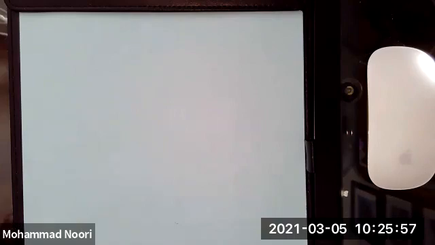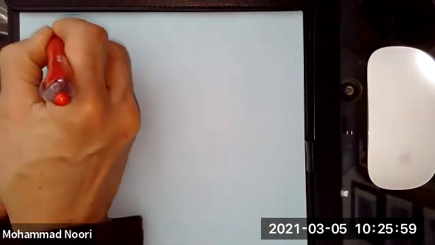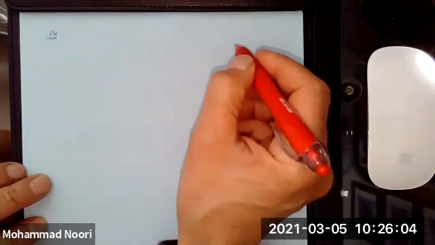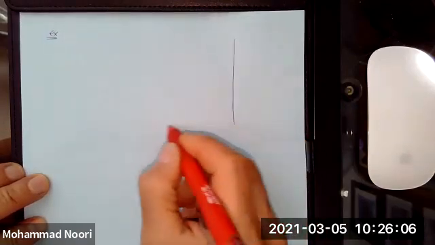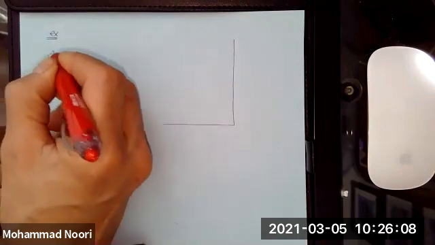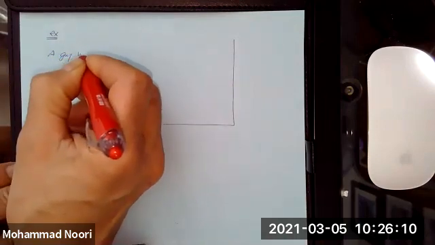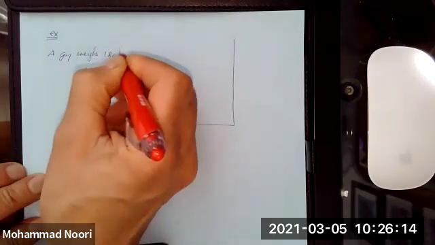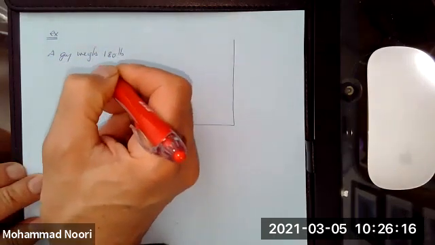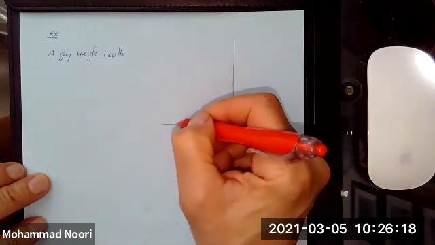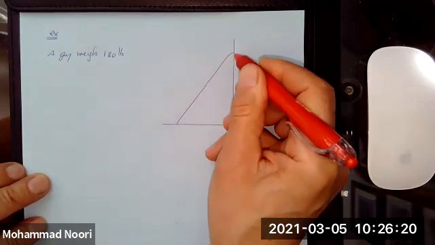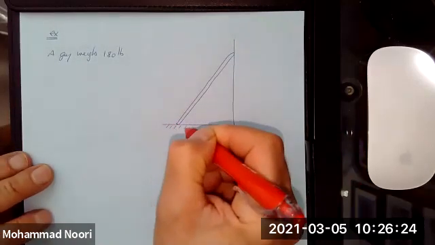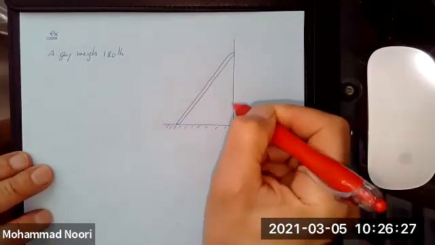All right, I will start with a simple example first. There's a guy who weighs 180 pounds. He goes and buys a ladder. He wants to climb up that ladder to do something, I don't know, hang a picture on the wall or whatever.